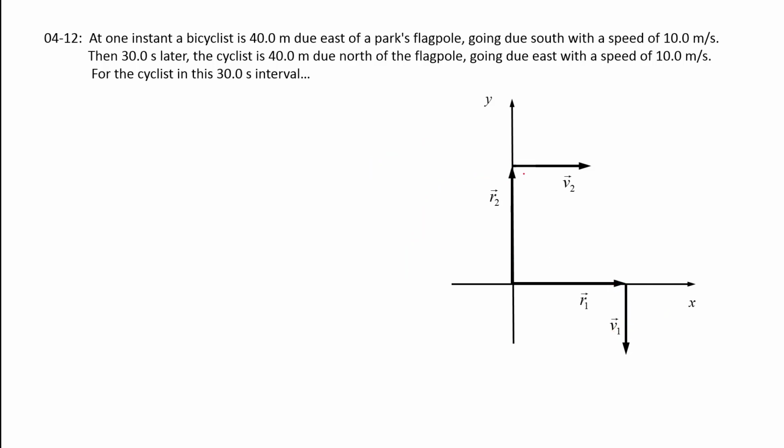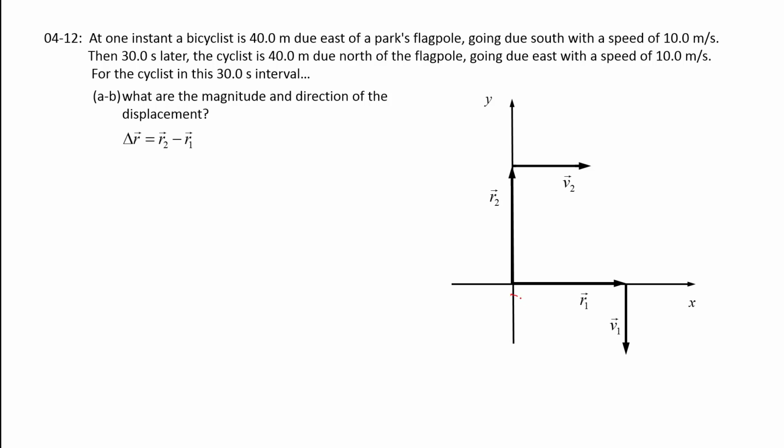All right, so let's figure out what we need to do to answer the questions. The first piece says, what's the magnitude and direction of the displacement? Well, we know displacement is the change in position between those two values. So we need to evaluate delta R as the difference between R2 and R1.